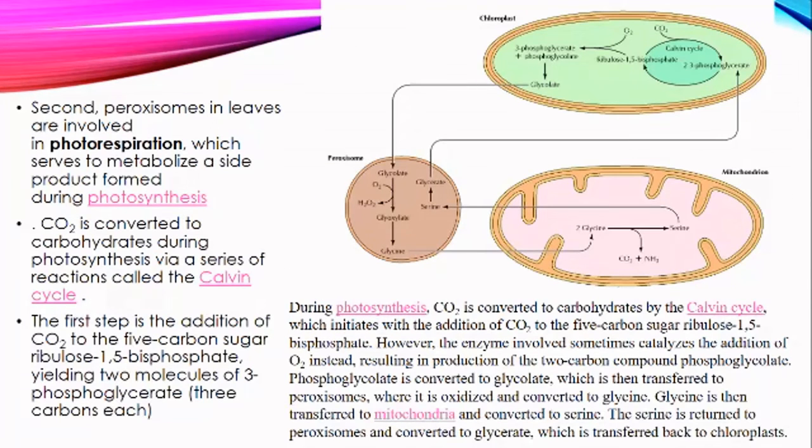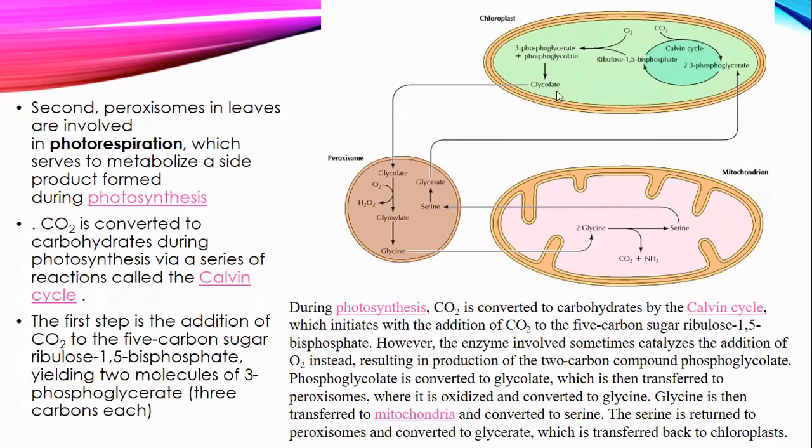Now the second, peroxisomes in leaves are involved in photorespiration. Now photorespiration serve to metabolize a side product formed during photosynthesis. So this is very important in photosynthesis. Now while the chloroplast having the Calvin cycle on its matrix, it releases phosphoglycerate or phosphoglycolate, then transform into glycolate.